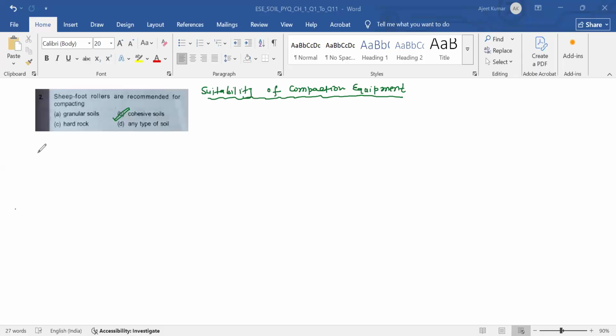First, I'm writing here, type of equipment. And this column, that is suitability for soil type.